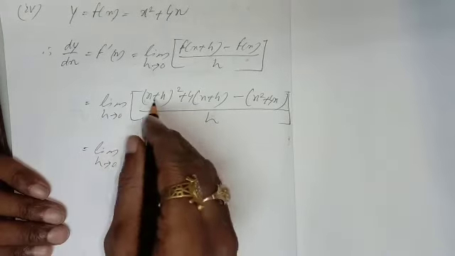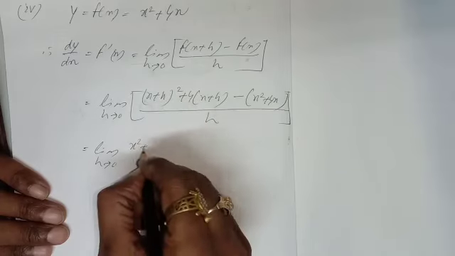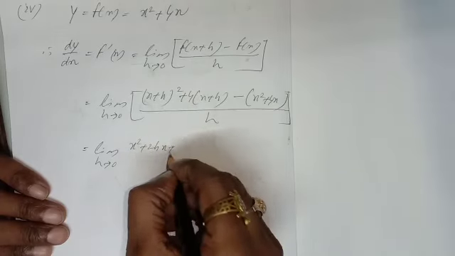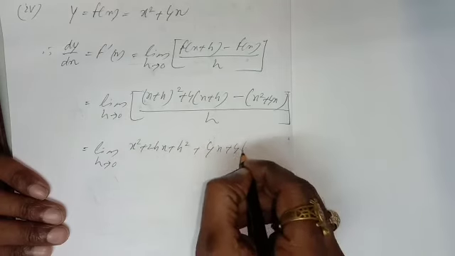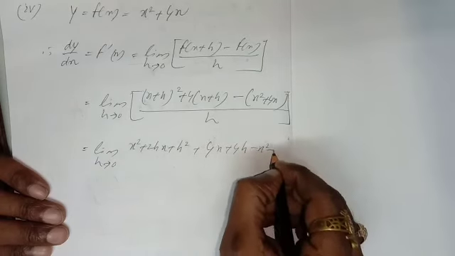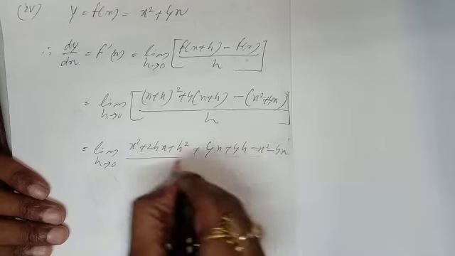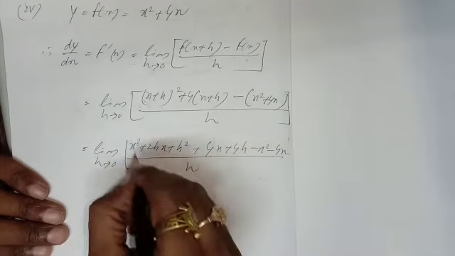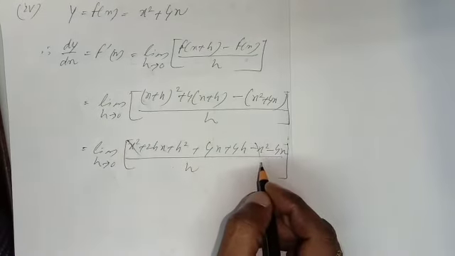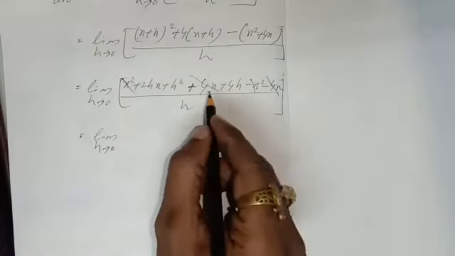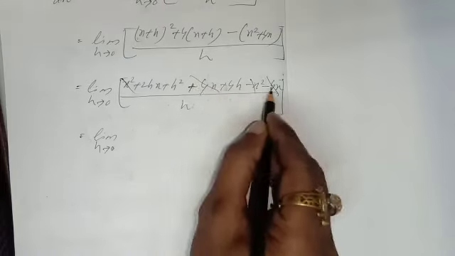This will be x plus h whole square, means x square plus 2hx plus h square, and you open the bracket: 4x plus 4h minus x square minus 4x by h. Just to see what cancels here, x square cancels here. Next, plus 4x minus 4x cancel, minus x square plus x square cancel.